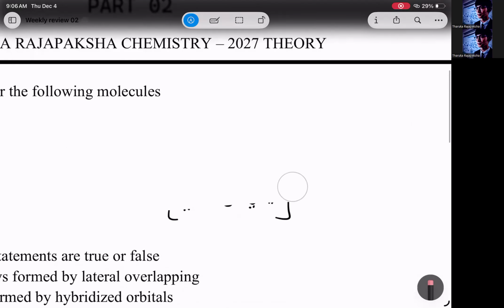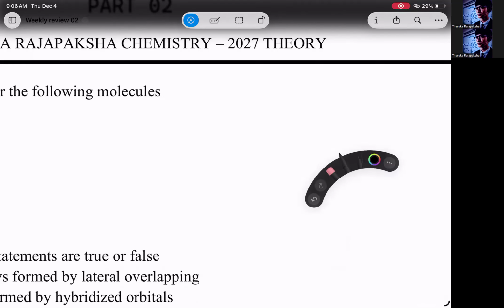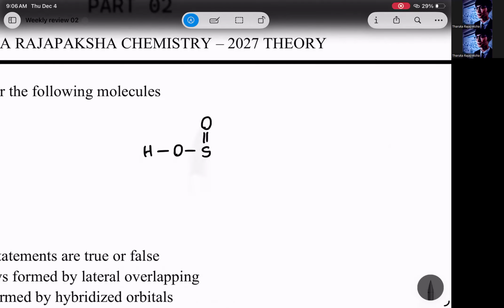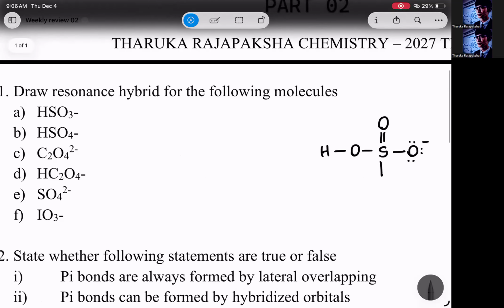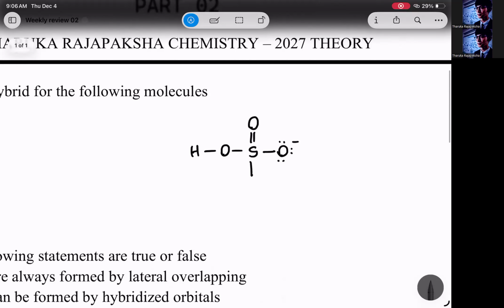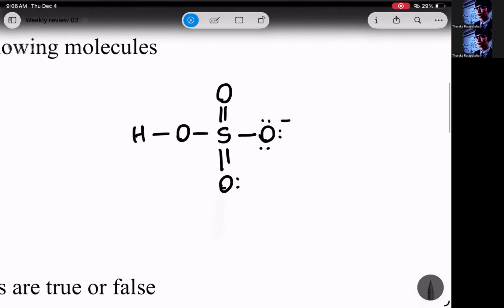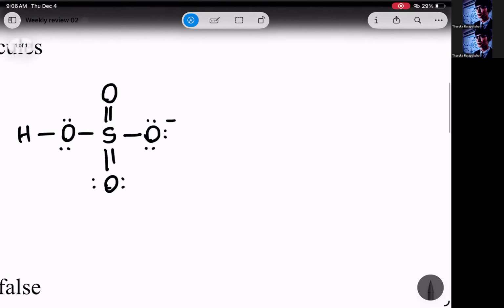Next one, HSO4 minus, sorry. It's like this. Right. Now, there are three structures which you can draw for this.